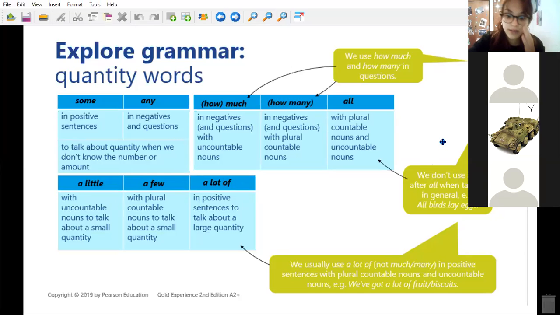And the little box here says we usually use a lot of, not much and many, in positive sentences with plural countable nouns and uncountable nouns. So we use a lot of with both of them. For example, we've got a lot of fruit, or we've got a lot of biscuits. So this is a lot of information. Are there any questions?